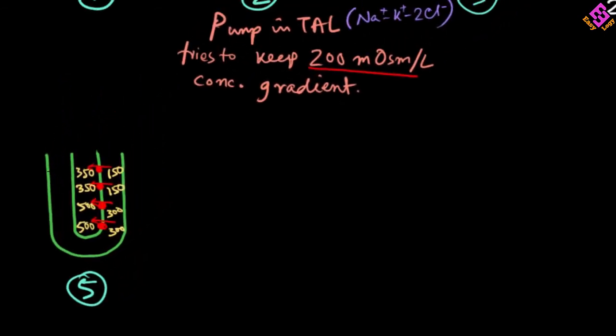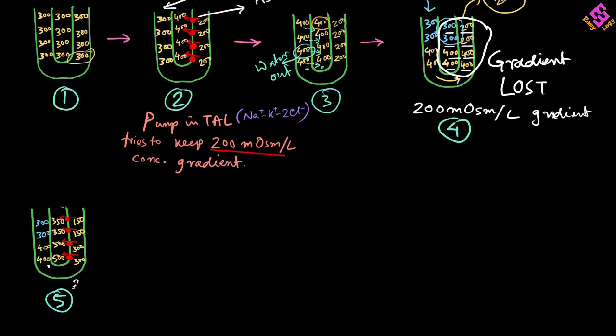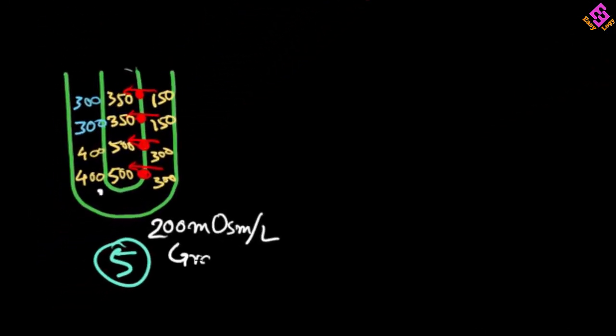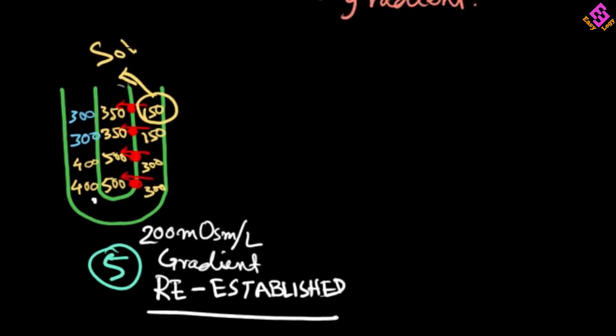Now let's write the descending limb osmolarity. That will be same as previous, that is 300 here, 300, 400 and 400 here. So again 200 milliosmol per liter gradient is re-established. The main thing here is solute out.